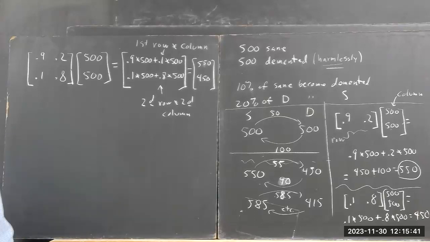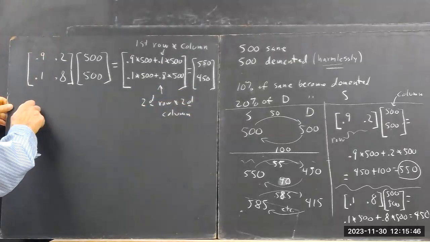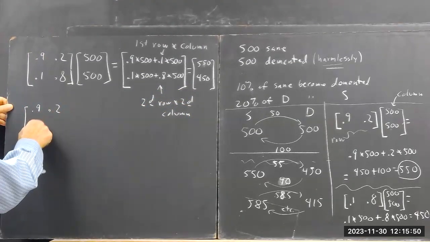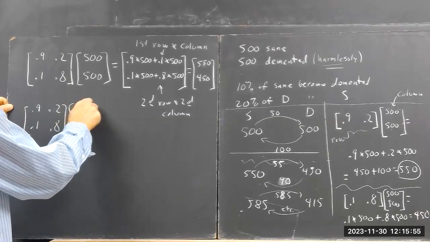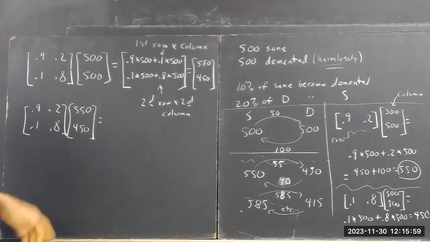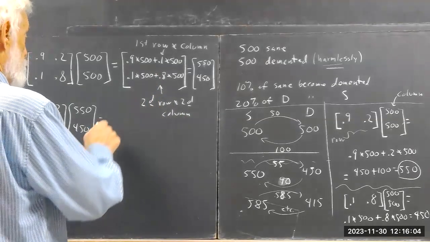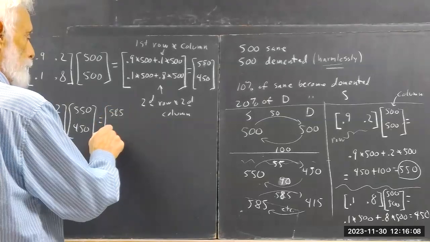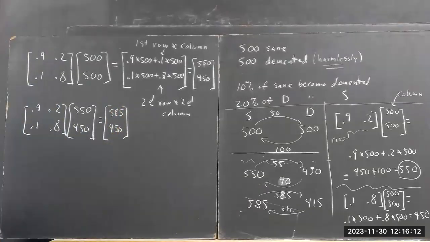Now, if I was to multiply this by 550, 450, following the same rule, I'm not going to write it all out, but I'm going to end up with my 585 and my 450.